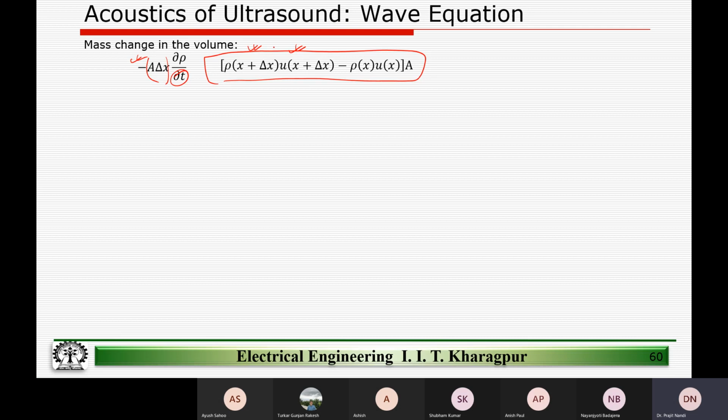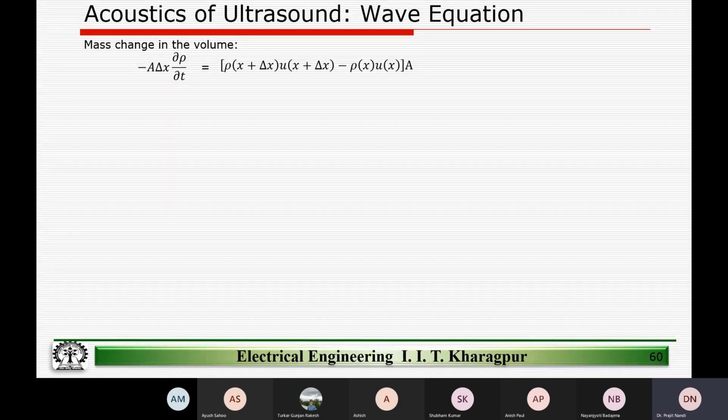So this is the mass that is flowing out of the cube that we drew, and this is the mass that is flowing in, rho x multiplied by ux, and these two I can equate, right?